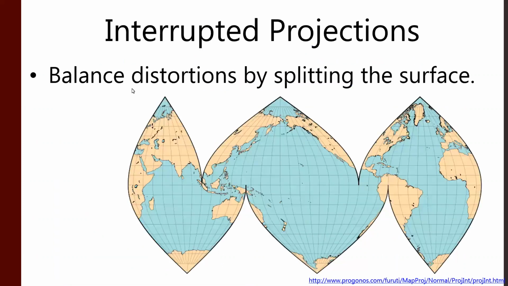Now, you don't actually have to choose one. You can choose to make everything wrong. Interrupted projections are a great way to do this. Interrupted projections say, well, we're already cutting the Earth in one spot to make a flat map. What if we cut it in many spots? And this interrupted projection, this one at least, is very much showing the oceans with less distortion.